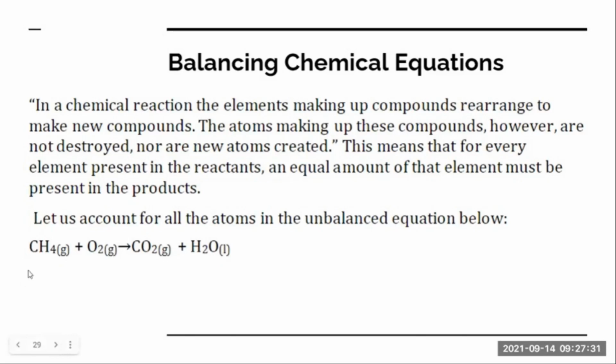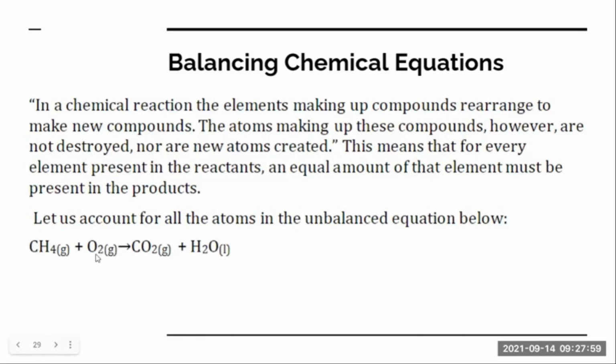So we have CH4. This is ethane, right, as mentioned earlier. And then we have oxygen gas, O2. The result is carbon dioxide and then water. If we count carbon here, we have 1 carbon. Hydrogen, we have 4 on the left. We only have 2 on the right. So this is not equal.